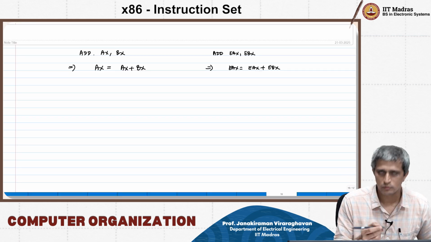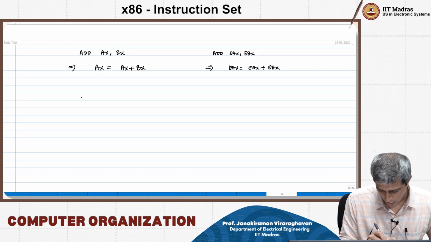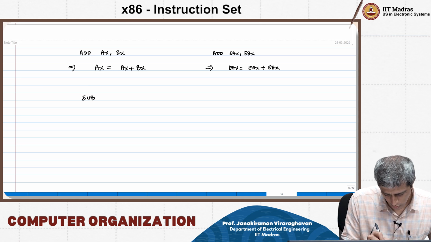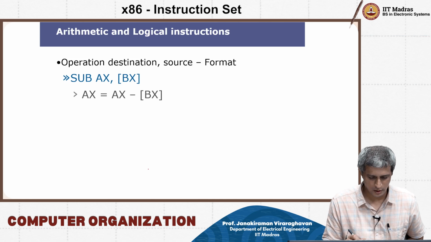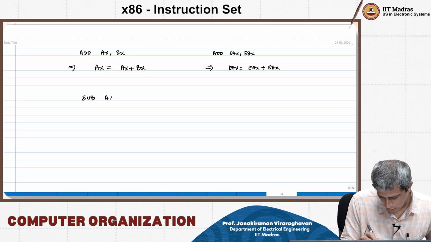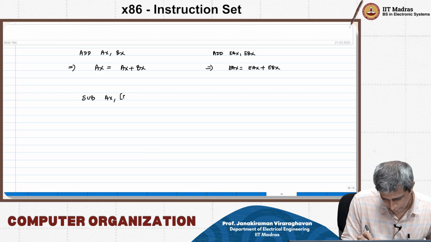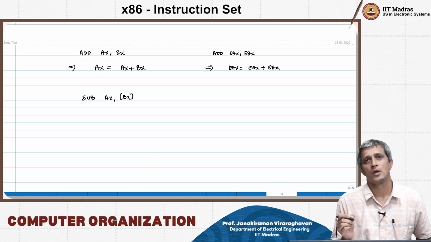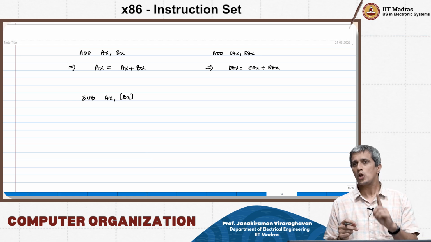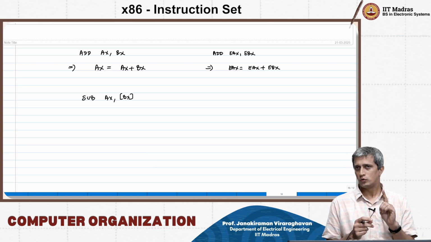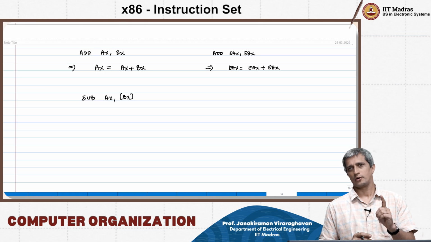Now, just like we did move, you could also do subtract. What do I have here? AX comma contents of BX. Remember, like I told you, one of the operands of the ALU operations has to be a register.